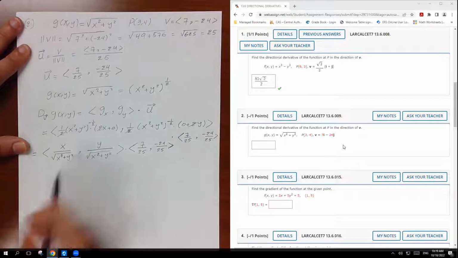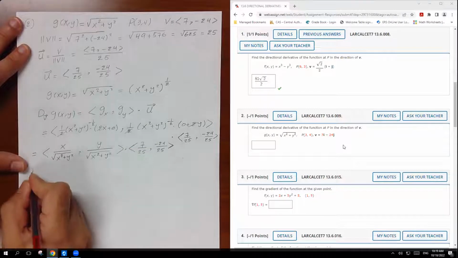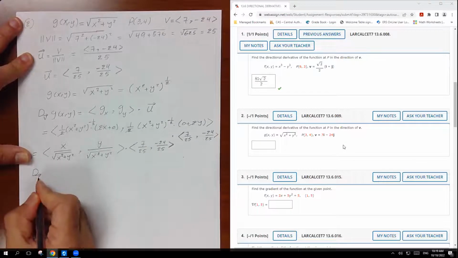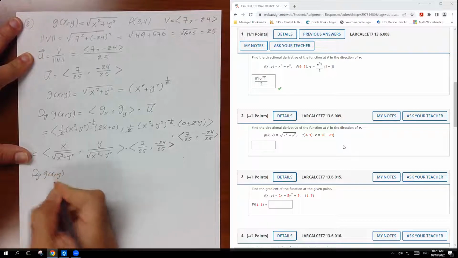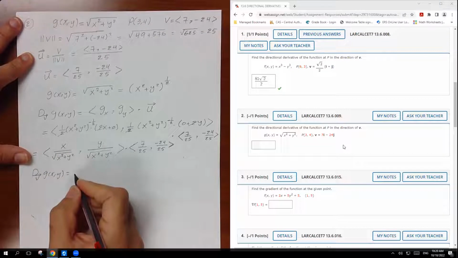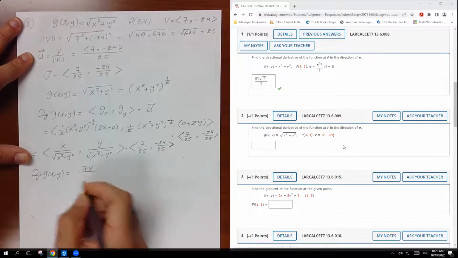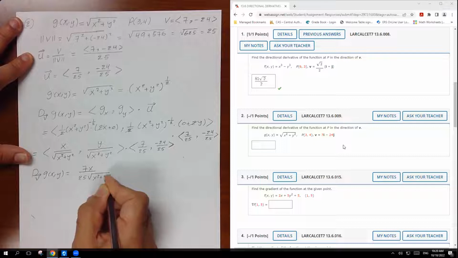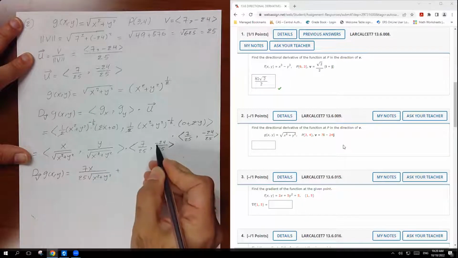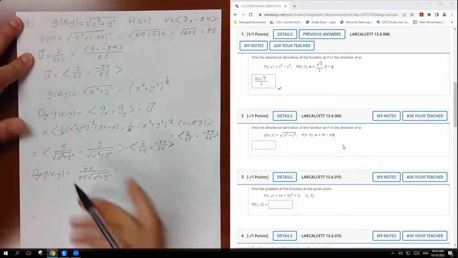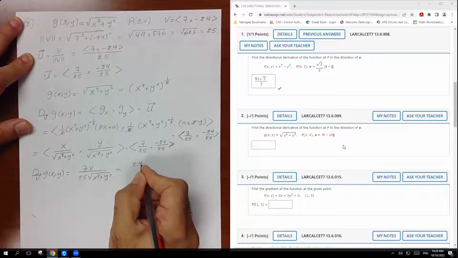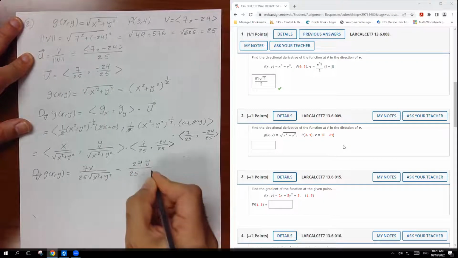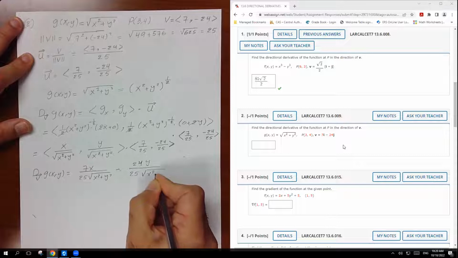Now let's simplify this one. We're going to do the dot product. That means the directional derivative of g of x, y is going to be x times 7/25, so 7x over 25 square root of x squared plus y squared, plus -24 times y, so minus 24y over 25 square root of x squared plus y squared.